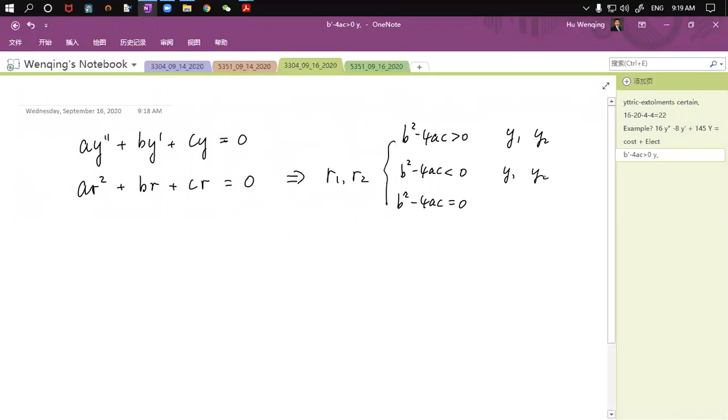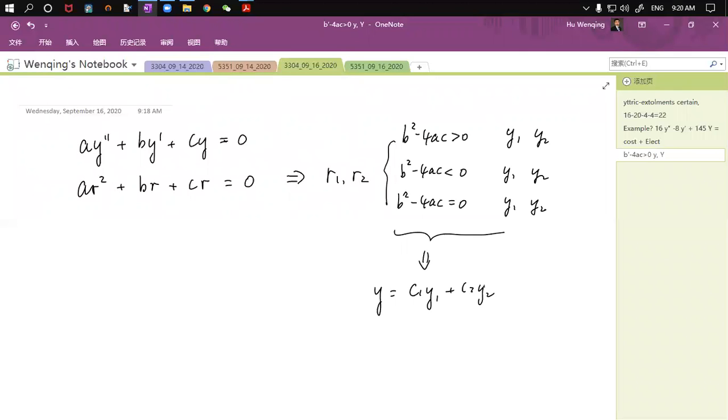If you remember from the previous lecture, we call them fundamental solutions, because the general solution always looks like c1 y1 plus c2 y2, a linear combination of these fundamental solutions.